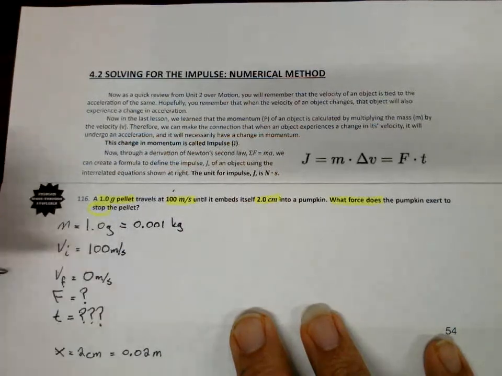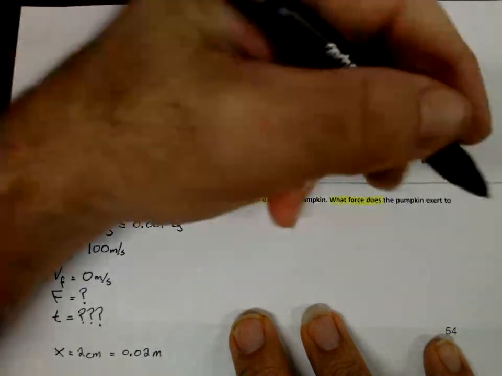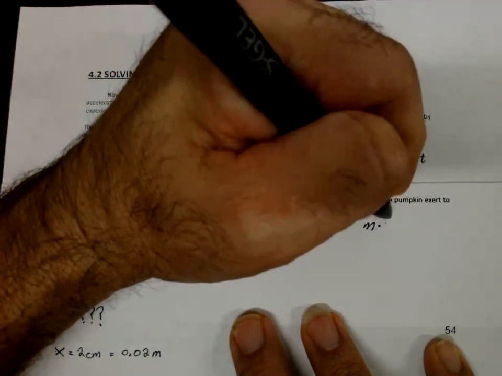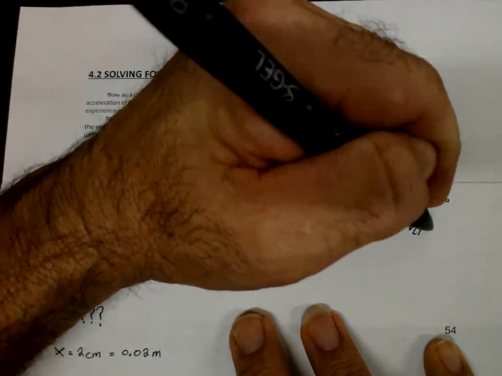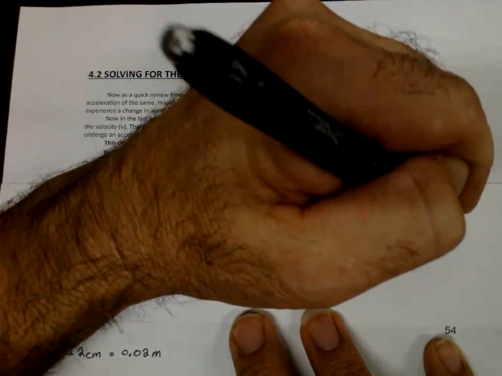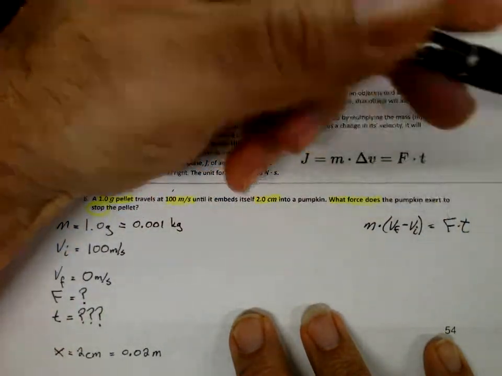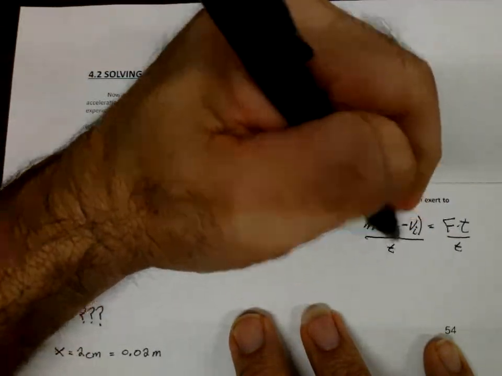Now, we can't have two unknown variables in our calculation. So we know that in order to solve the problem, we're going to have to use mass times the parentheses final velocity minus initial velocity, and that equals force times time. We know that force is what we're solving for, so we're just going to go ahead and divide both sides by time.